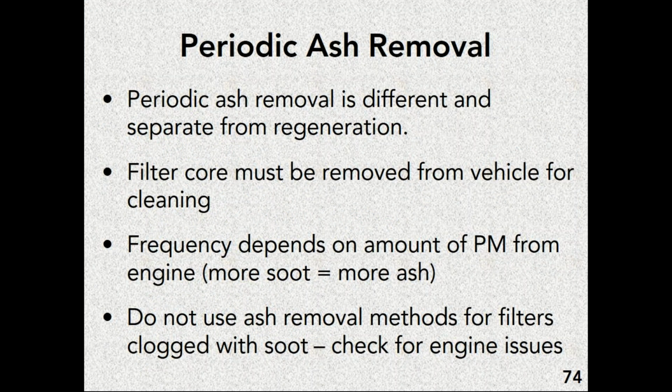There are components to the oil that are heavy metal in some cases, and when the filter goes through regeneration, all the carbon is burned off, but anything that is non-combustible isn't burned off, and it will stay in the filter until the filter gets overwhelmed by the amount of this ash material. It can also come from where you operate the truck.